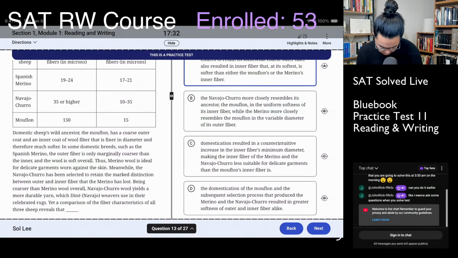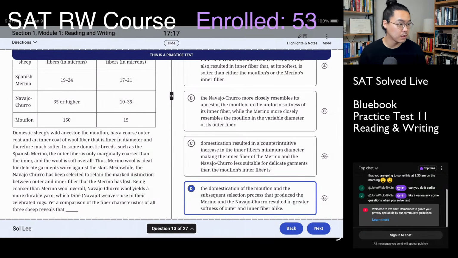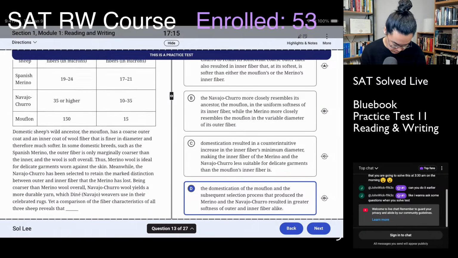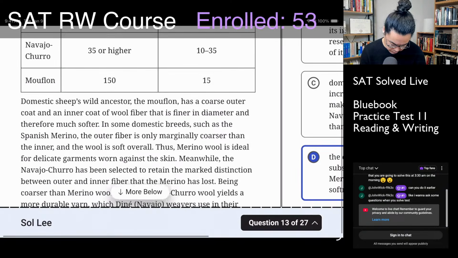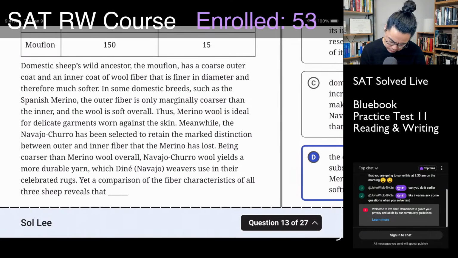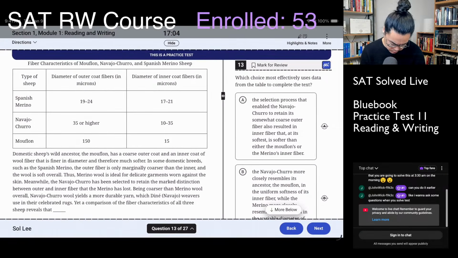Which one focuses on Mouflon? Okay, I am lost. I need to reread, and this interface is not helping, but I'm going to reread. Oh, this interface really is not helping. I don't know what happened, but they really don't want me to zoom in, so I have to use this. Okay.